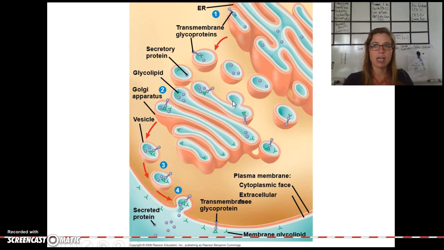We've already discussed this. Cis is same side, so the same side as the nucleus. So these vesicles are going to bubble into the Golgi apparatus, which is going to manipulate and help repackage those proteins. You can see now that this glycoprotein has been altered, and it now is slightly different in structure from the original protein that it had.